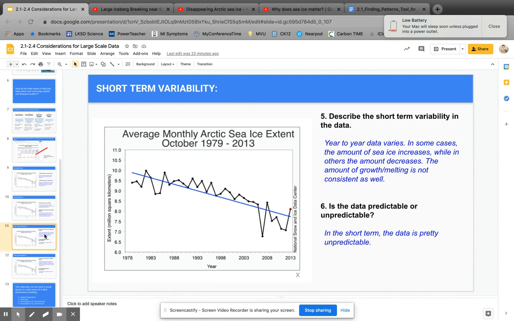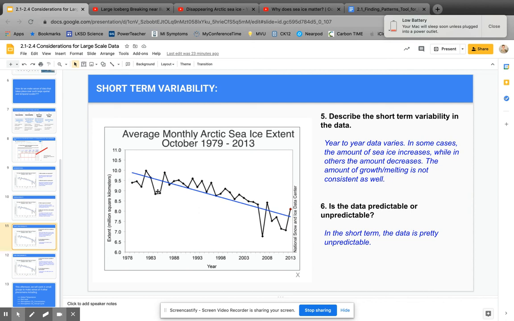Questions number 5 and 6 deal with short-term variability. Question number 5: describe the short-term variability in the data, meaning what happens year to year. Well, looking at the graph, we can see that at some points the amount of sea ice decreases, at other points it greatly increases, and then it'll decrease again, and then it'll increase again. I want you to imagine that you're following along this line, and you're asked to plot the next point for 2014, 2015, 2016.